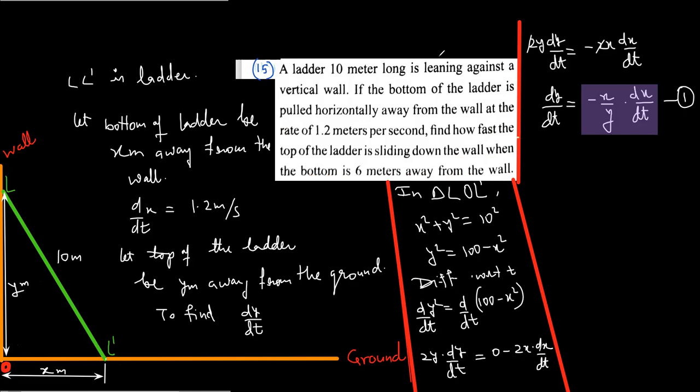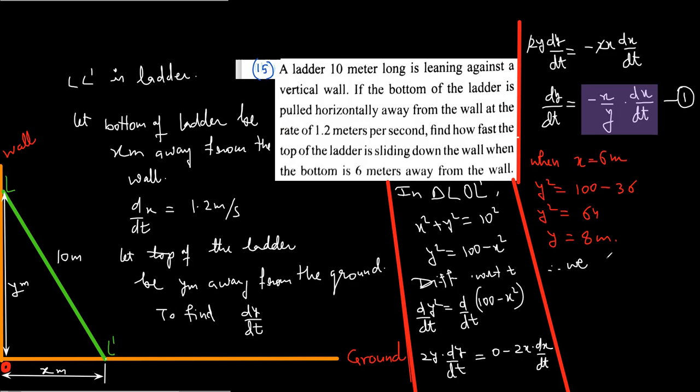So I write here, when x equals to 6 meters, I substitute in this. Y square is 100 minus 6 square, 36. So y square is 64. Y is definitely not negative 8, positive 8. So when x is 6 meters, y is 8 meters, and then I substitute all this.